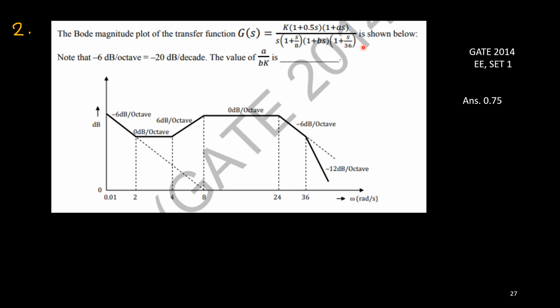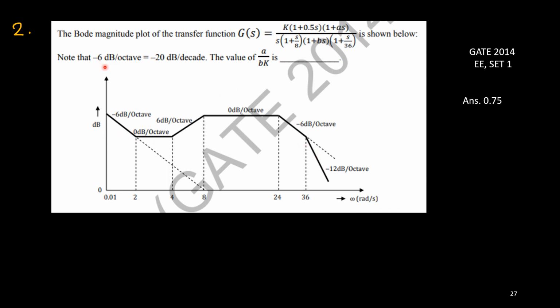It is given in this form: G(s) equals K times (1 plus 0.5s) times (1 plus a into s), where a is not provided, upon s into (1 plus s upon 8) times (1 plus b into s), where b is not provided, and here (1 plus s upon 36). So K, a and b, these three are unknown, but slopes are given in the figure.